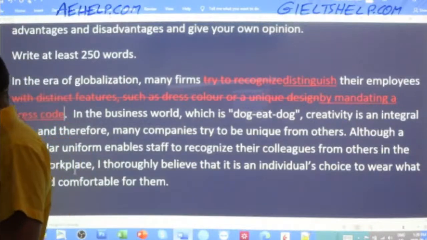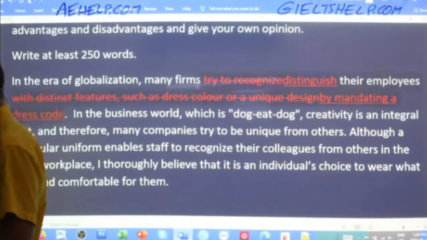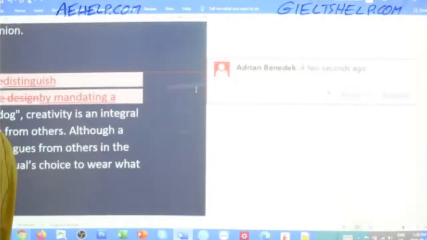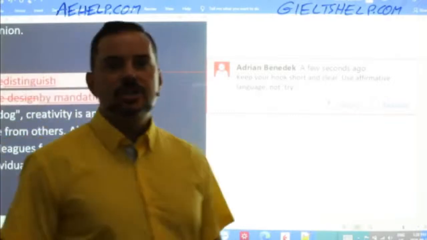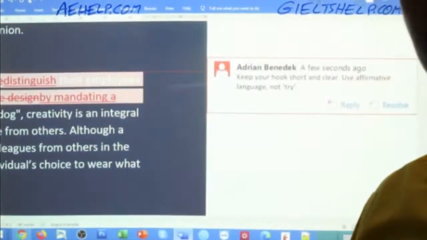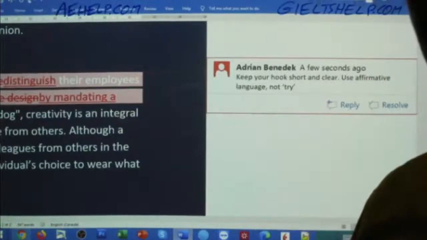So here, what I would do is I would do a comment balloon. Just bear with me here. So I would write, keep your hook short and clear. Okay, use affirmative language, not try. Okay, so if I were professionally editing this, and I know the screen just went really bright for you, and that's because of Microsoft Word there with the comment balloon.